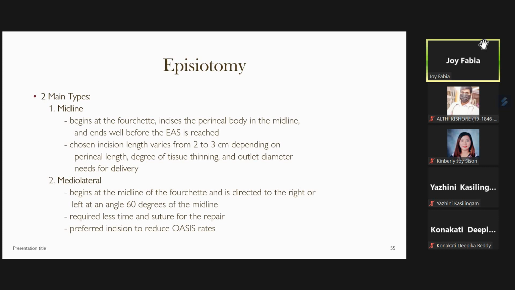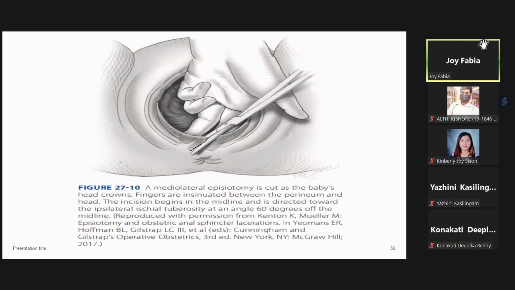There is less suture time for the repair, and this is the preferred incision because there is a reduced OASIS rate, unlike in midline, where there is a chance of sphincter injury. There are other types of episiotomy. It was not discussed, but aside from these two types, there are others, like the J-type.